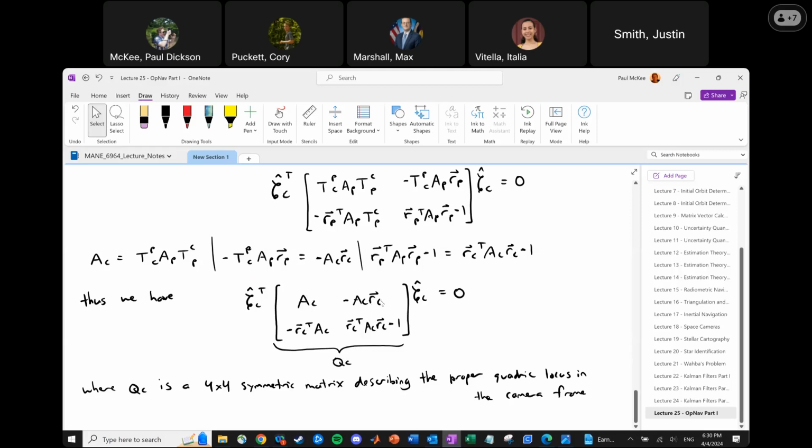We're after R_C. And it involves these line of sight directions, which are not strictly line of sight, because these involve distance. So we're not quite where we want to be yet, right? But you've got points on the surface of the moon as seen by the observer. You've got the position of the observer with respect to the moon, and you've got information about the shape of the moon.